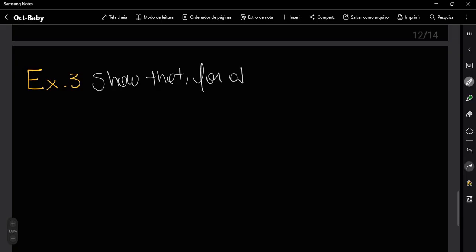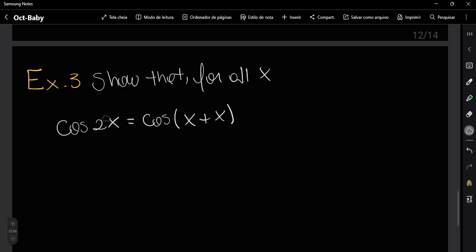Yeah, this is the statement of the problem, but let's say if I ask you to calculate cosine of 2x, and we know that this is basically the same as cosine of x plus x, right?